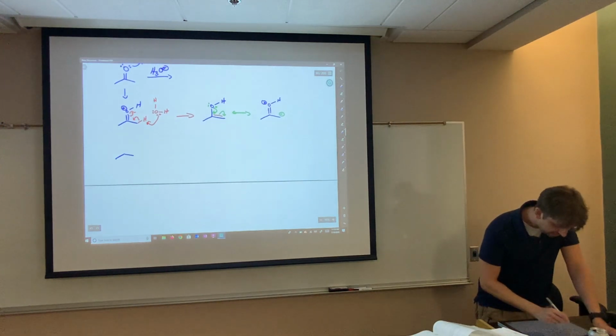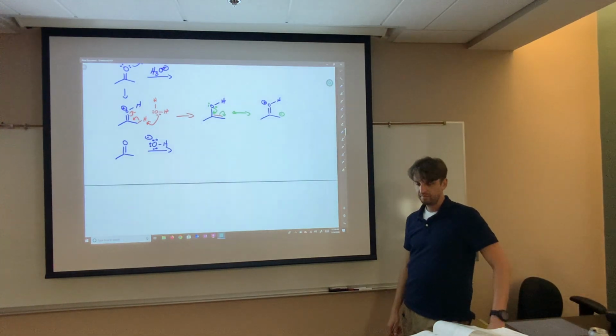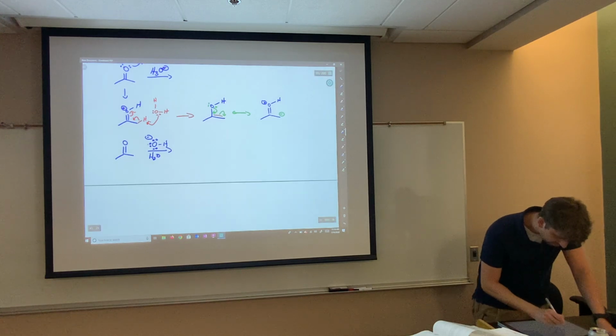Now, we can do the exact same and really change things up and put it under basic conditions. And I think you guys can see where this is going to go. All right, we got some water around. Let me draw my hydrogen here.